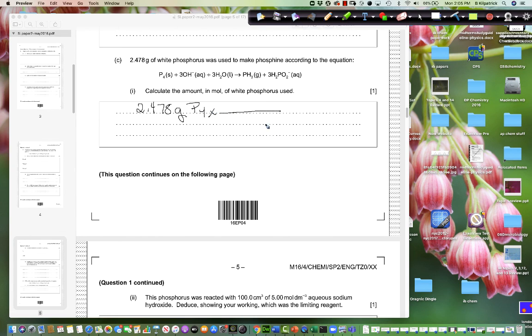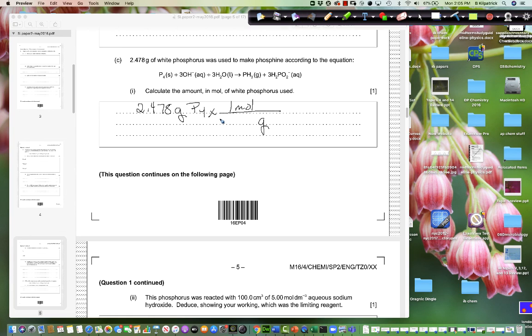Okay, so when you're doing these questions, here's what I'm going to advise you. Normally when we do this math and we're looking at the molar mass of the P4, you could say, well, it's 30.97, so you could say, oh, that's close to 31. If you want to be really accurate and sure about your significant figures here, just go ahead and actually use the whole number on the periodic table.